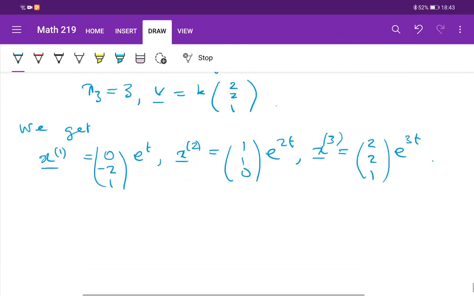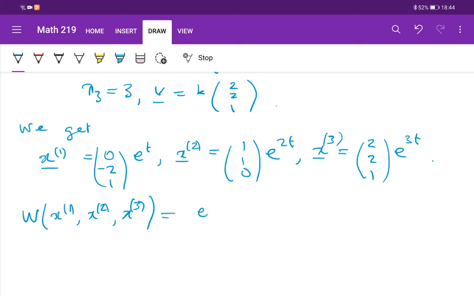So these are three solutions, and they're Wronskian. Let me try again.